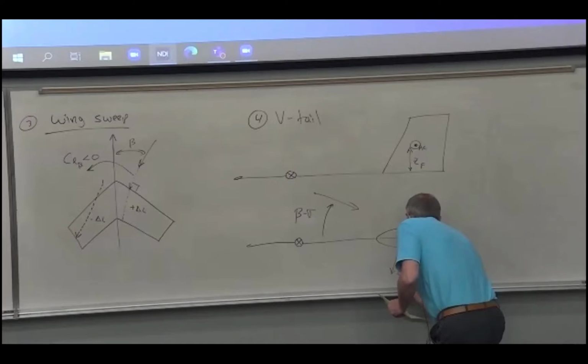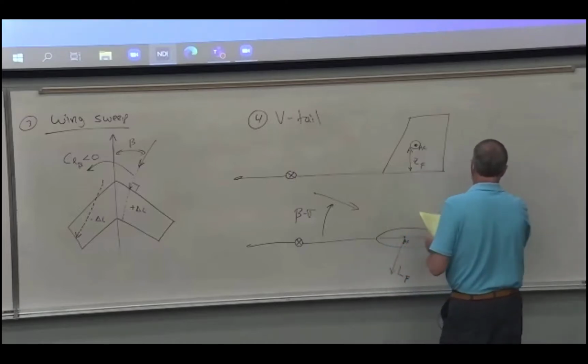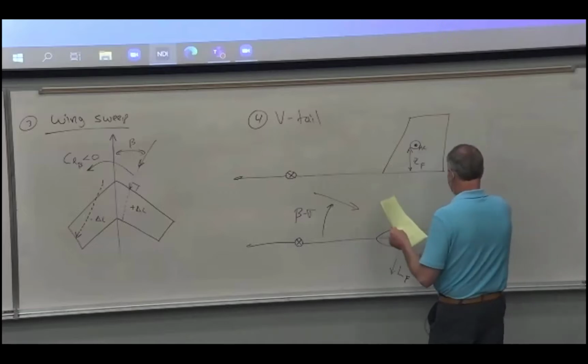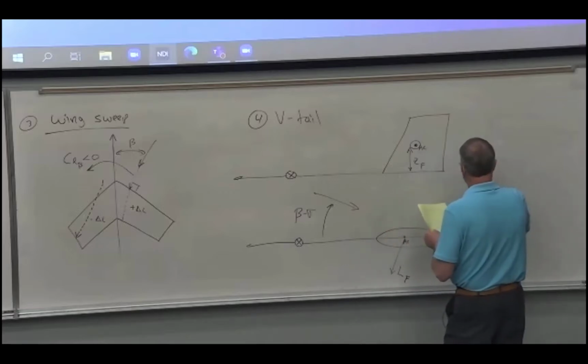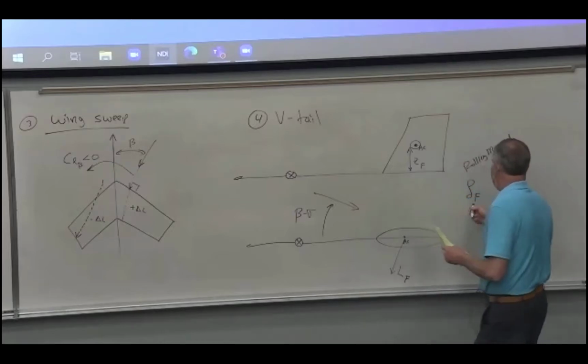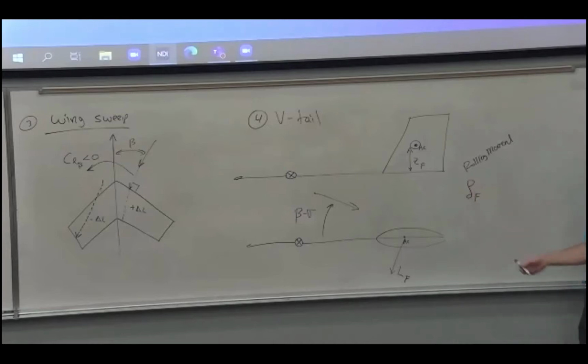Notice we can put an F on here for fin. So the rolling moment, and now I'm going to use a script L so that we're not mixing up lift and lift. So this is rolling moment. Although often in text and writing, you'll see just an L here as well.